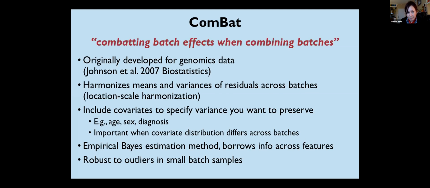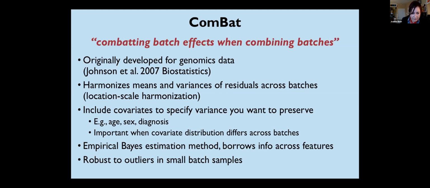And ComBat is distinct from just adding a scanner covariate into your model, because it uses this empirical Bayes approach, which borrows information across features. So there's the assumption that scanner effects in one part of the brain will be similar to the scanner effects in the other parts of the brain.